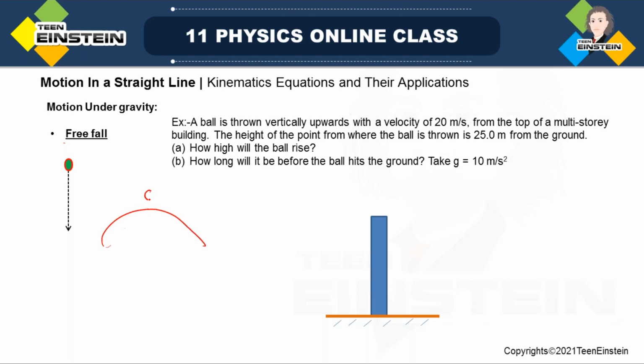If any object is released from very near to the surface, at a height, suppose h, much less than the radius of the earth, as you can see from here, this is h, this is the earth surface.